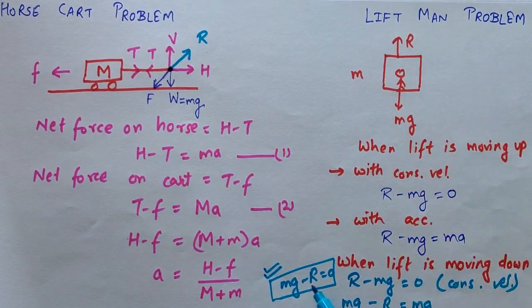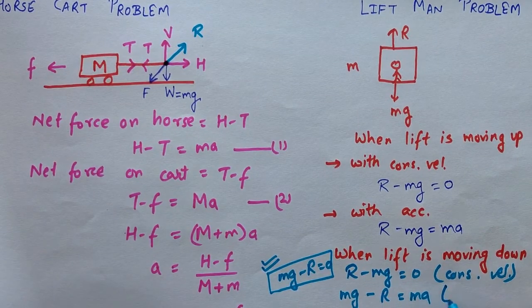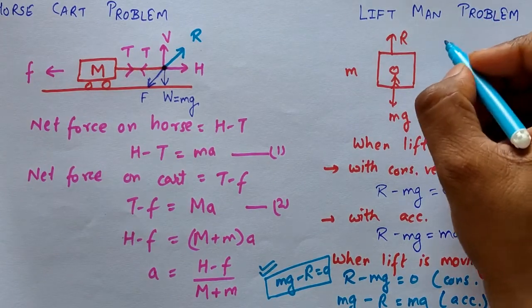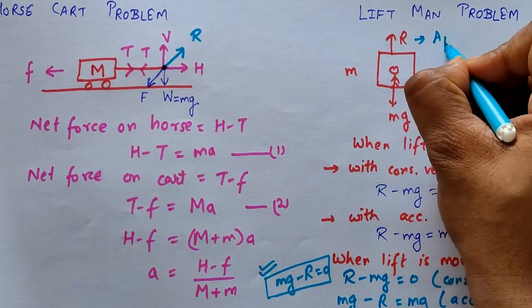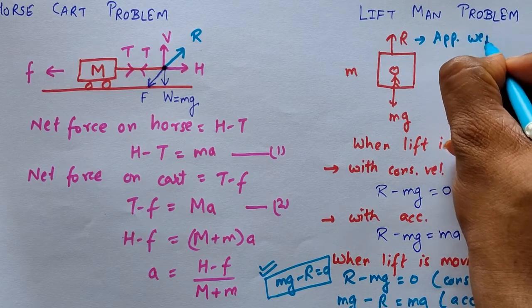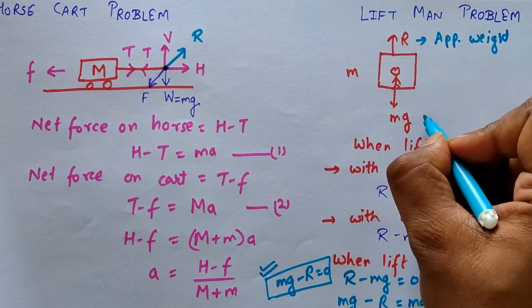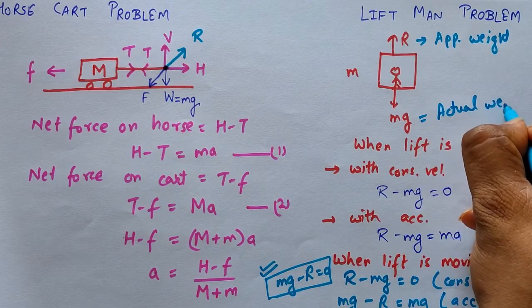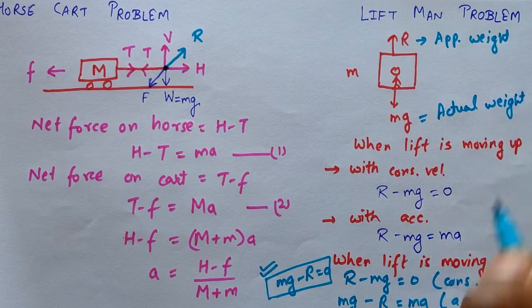So mg minus R will be equal to 0 when the lift is moving with constant velocity, and mg minus R will be equal to ma when the lift is moving with some acceleration in the downward direction. So here R is also known as the apparent weight of the man, and mg is known as the actual weight of the man.